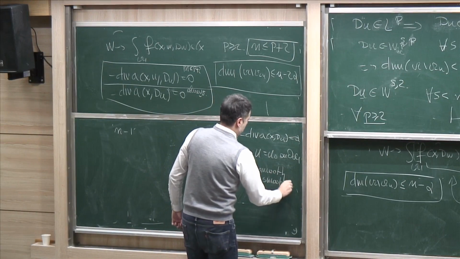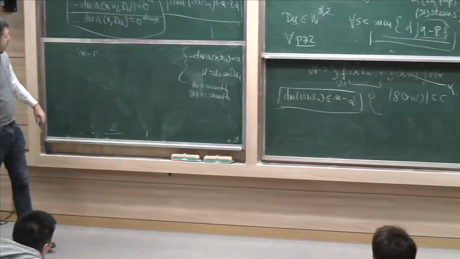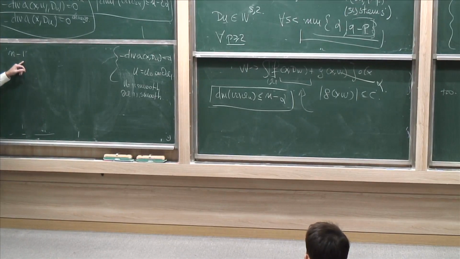Actually, you can get less than smoothness, but that is not the point. So if you assume that the boundary dimension is larger than the estimate, then you'll get that almost every boundary point is regular.